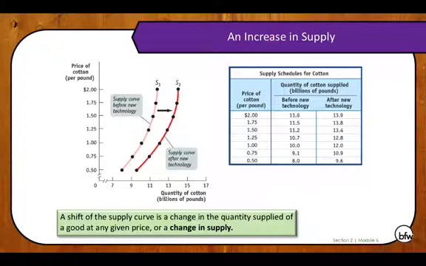So make sure you use the terminology correctly, because they refer to two different things. When you're talking about quantity demanded or quantity supplied and their changes, they are only caused by a change in price. A change in supply or a change in demand refers to the entire demand or supply curve moving to the right or to the left, and that is caused by one of the supply curve shifters or one of the demand curve shifters.